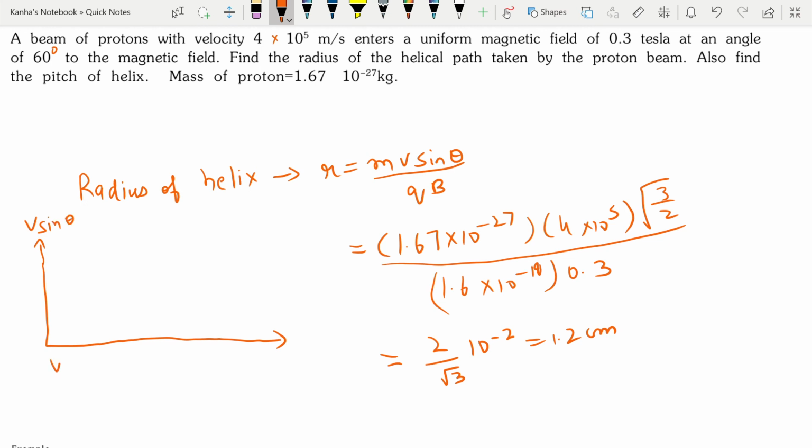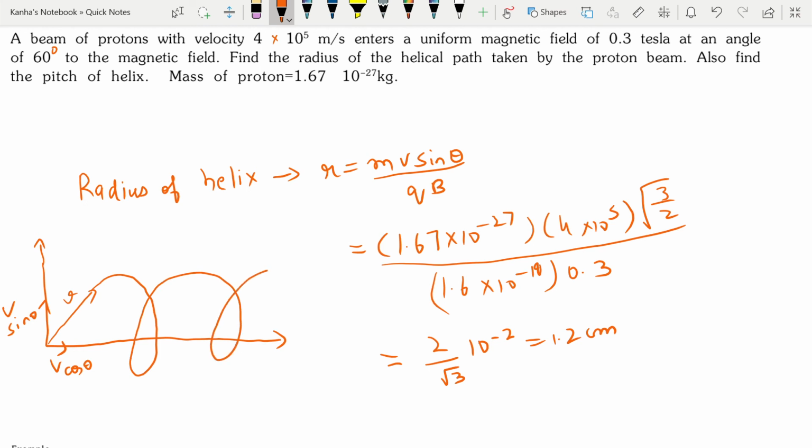Okay, this is my v cos theta at the initial point, and sorry, these are my velocities. So v sine theta and v cos theta, where this was my velocity v, and this goes in helical paths.